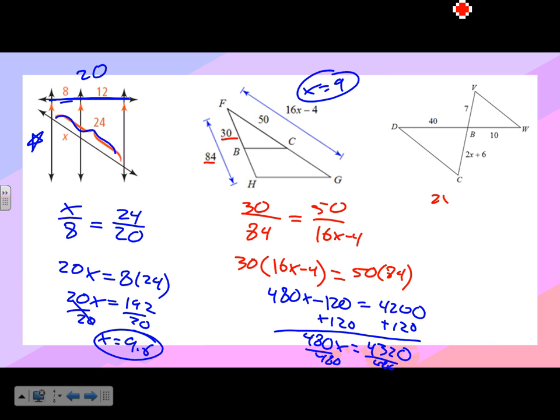We have 2x plus 6 over 7 is equal to 40 over 10. So 10 times 2x plus 6 is equal to 7 times 40, which is 20x plus 60 is equal to 280. And solve this like normal.